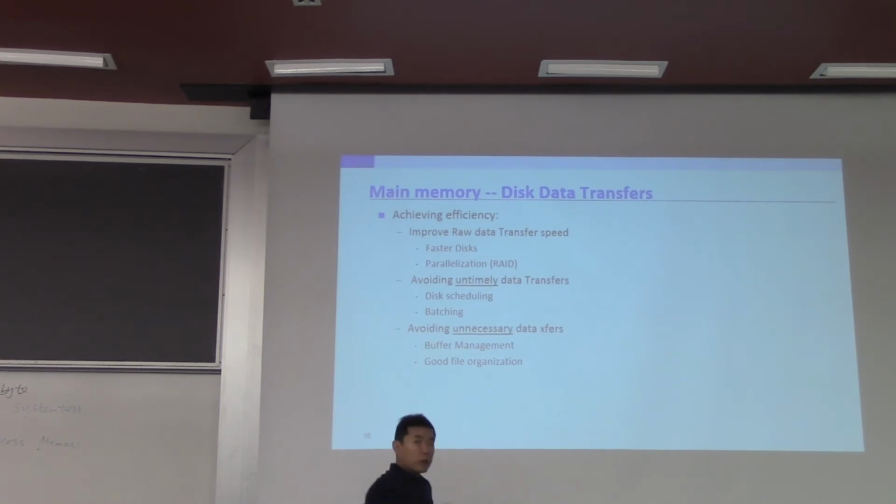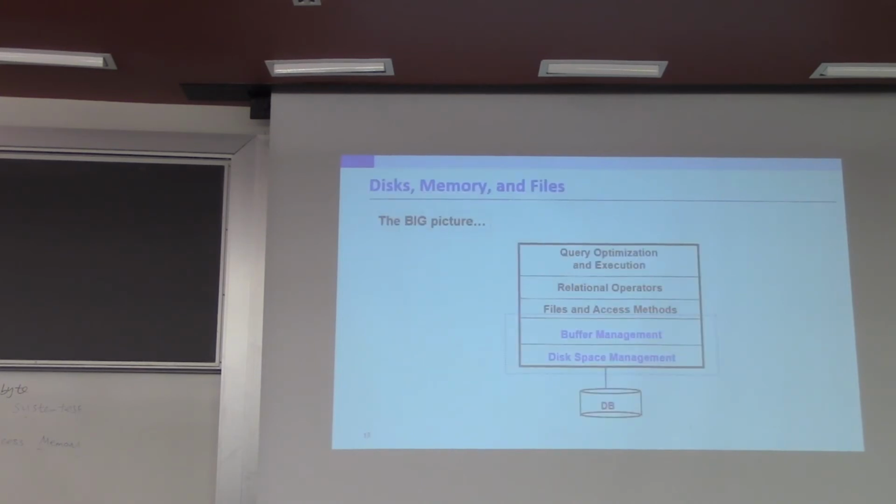But from a software point of view, we can also do the following to improve data transfer. One is to avoid untimely data transfer. The other is to avoid unnecessary data transfer. I will just mention them for now and come back to explain them in detail later on. What do I mean by untimely and unnecessary data transfer?